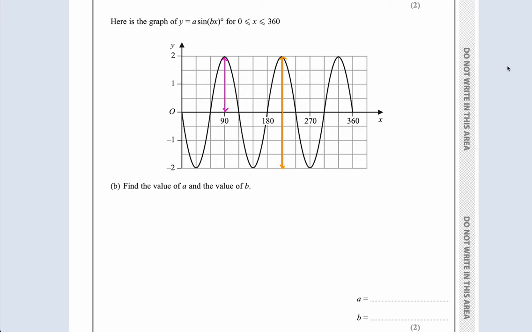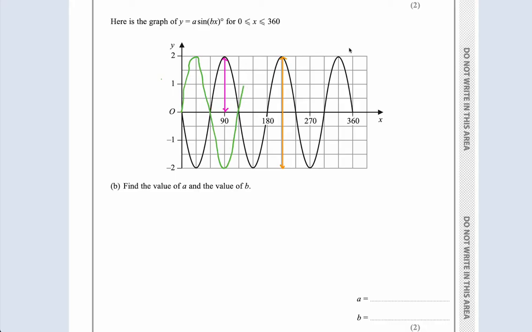Now the amplitude is 2, but we have to be extremely careful here, because if we were to draw this graph and A was 2, because the way sine works is it goes up first, it would go up, turn here, then come down, turn, up there, and keep going.